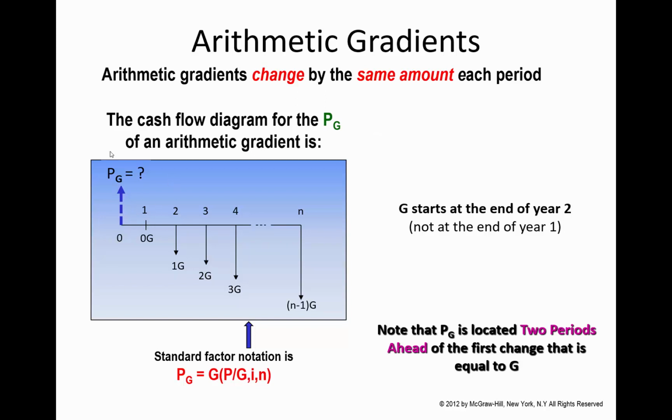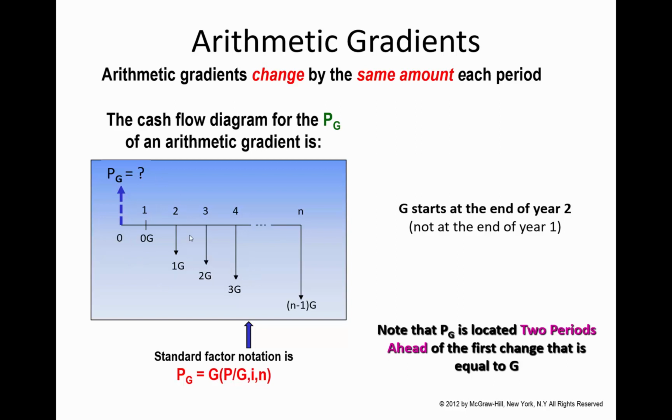And so what's illustrated here is this hypothetical of how much should you receive today in order to be able to pay out in the first year? No money. You don't have to pay anything out because the convention for this gradient is that in the first year you have 0 times whatever the fixed amount is.